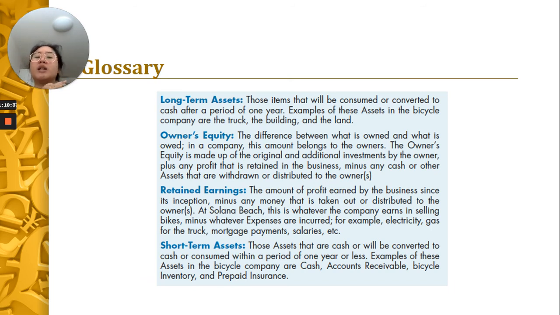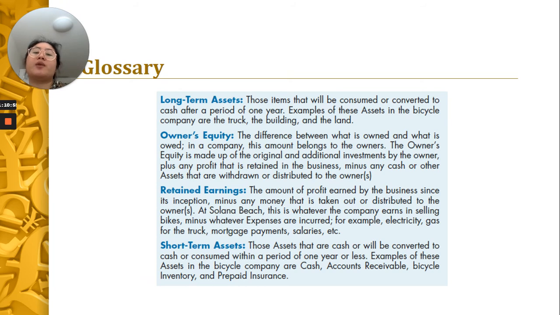But for the owner equity, once again, owner equity comes from owner investment and retained earning. The owner equity is the difference between what is owned and what is owed in the company. This amount belongs to the owner.